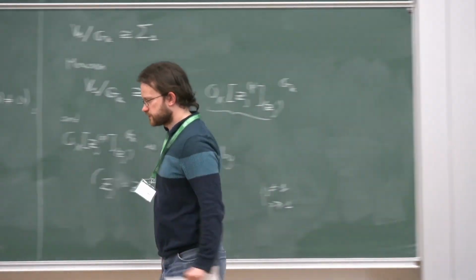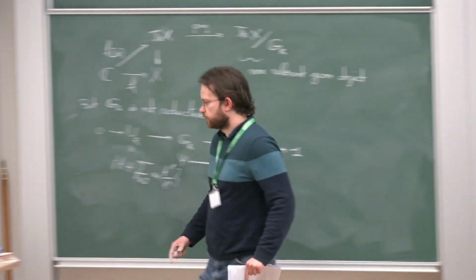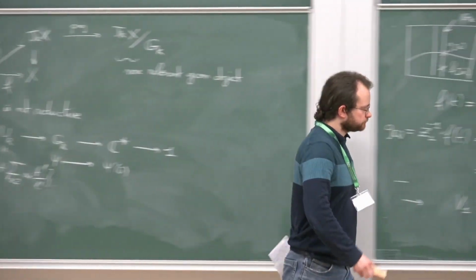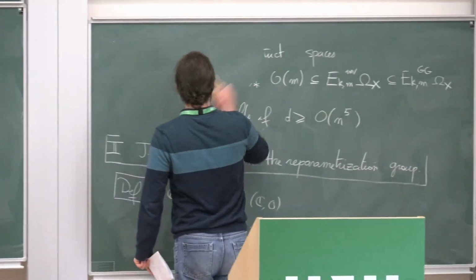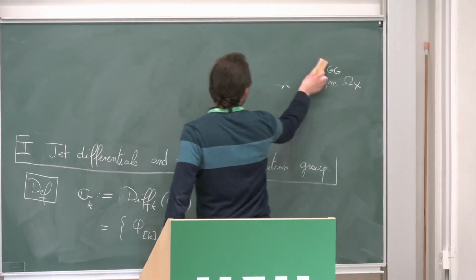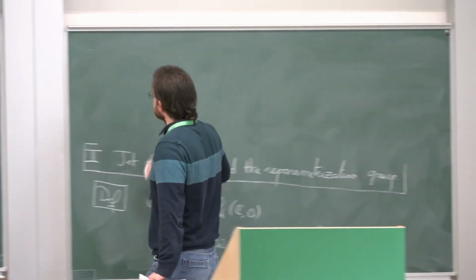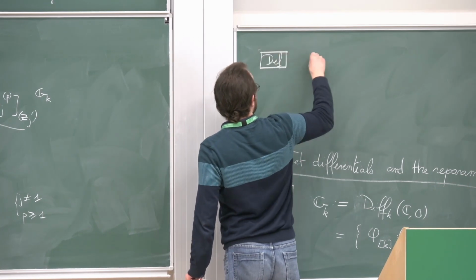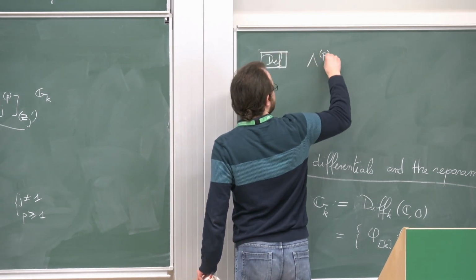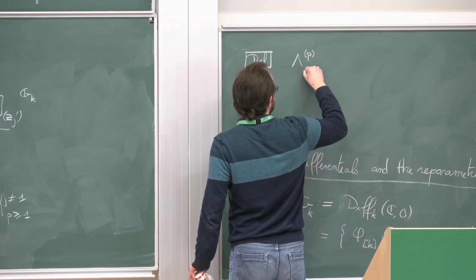Okay, so let me give a name to these coordinates, because that will appear later in another form, actually. I'm going to call that lambda. Well, let me write it down. So, definition: I call lambda p ij.